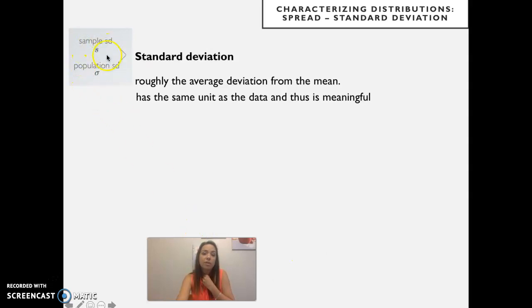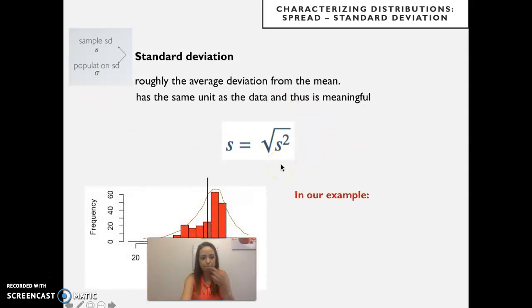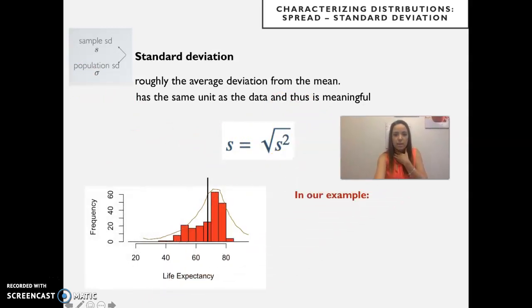And we also have a symbol for the sample standard deviation. If you noticed, variance is s squared and standard deviation is just s because it is the square root of variance. And the population standard deviation is just sigma instead of sigma squared. So here in our example, if the variance was 95.75, if we take the square root of that, now we get a value of spread that is nicely in the unit of the data.